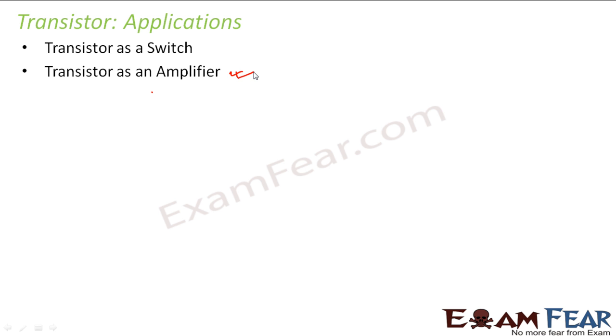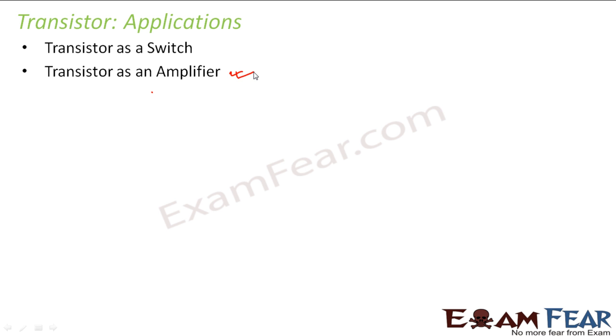So let us first talk about how a transistor acts as a switch. So far, what did we discuss? We discussed what a transistor is and what it consists of: emitter, base, collector. How is each of these regions doped? What are their sizes? What is biasing of a transistor? How does current flow take place inside a transistor?